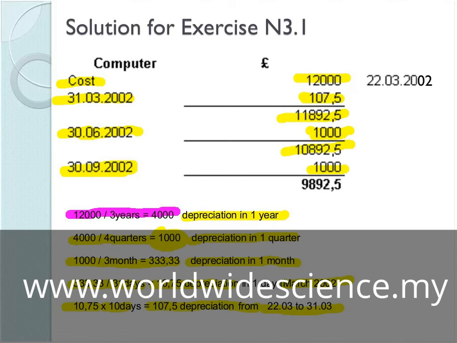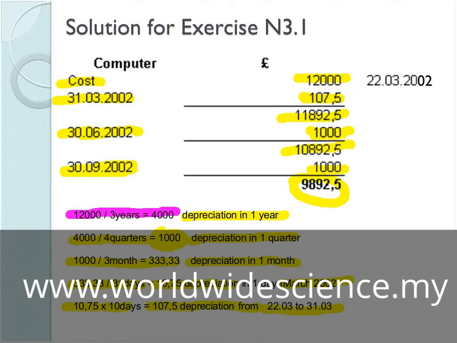And at the end, the amount for our computer is 9,892.5, right? So there is the solution for exercise number 3.